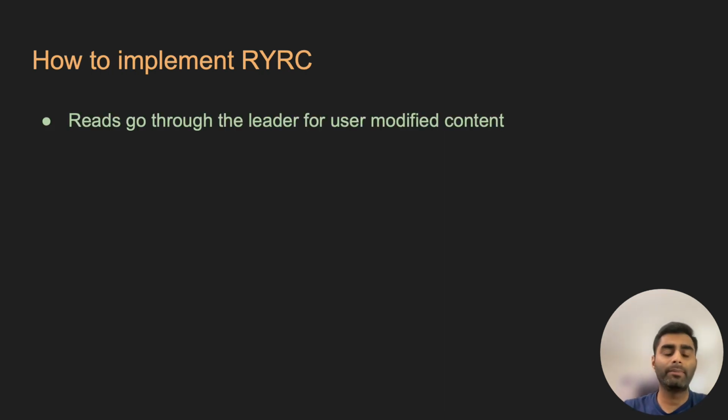So let's see how we can implement read your write consistency in a system with leader based replication. One approach is that when reading something that the user has modified, it's read from the leader. Otherwise, it goes through the follower node. For example, user profile information on a social networking site like LinkedIn or Facebook is only editable by the owner of that profile and not by anyone else.